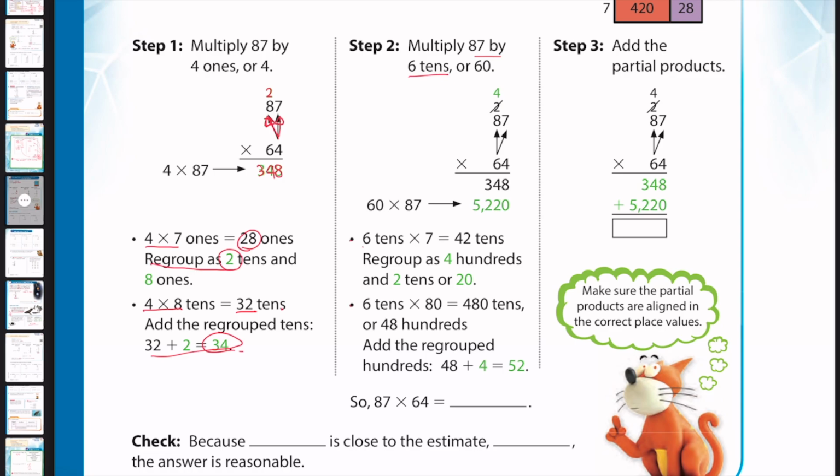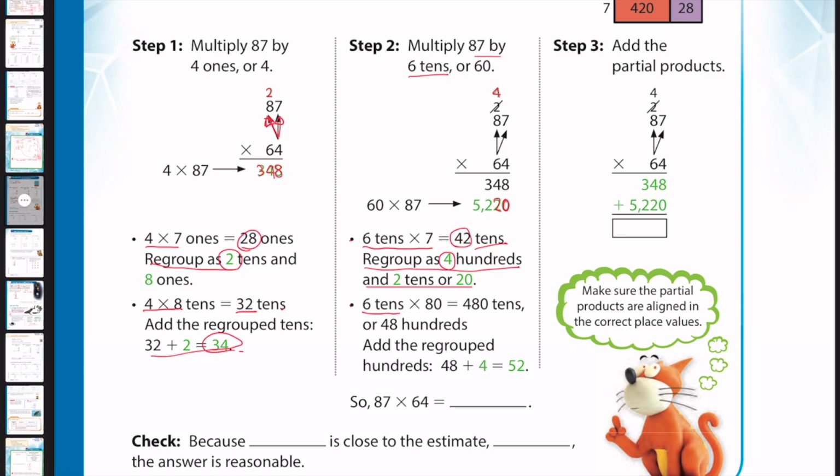Yes, number 1. 6 tens times 7, which is what? 42 tens. And you need to regroup as 4 hundreds and 2 tens or 20. So you need to write down these 2 at the bottom and then carry 4 up. And don't forget to put 0 at the end for the second row since we are working on, yes, tens place.